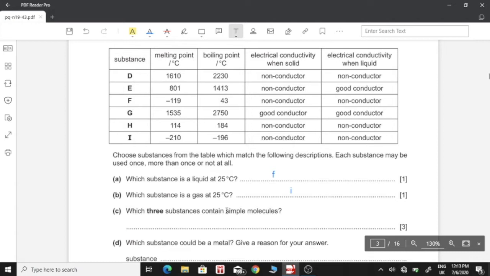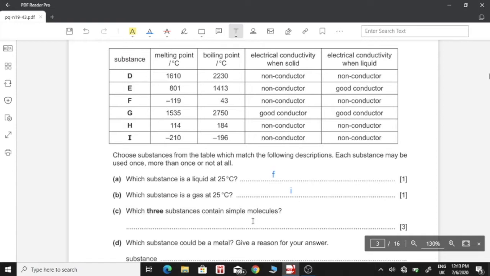We have ionic compounds, covalent compounds, and a third bonding with metals. But metals and ionic compounds both have high melting and boiling points, and they can also conduct electricity, whereas metals can conduct electricity in both liquid and solid form, ionic compounds can only conduct electricity in molten form or in aqueous form. But covalent compounds cannot conduct electricity in either form.